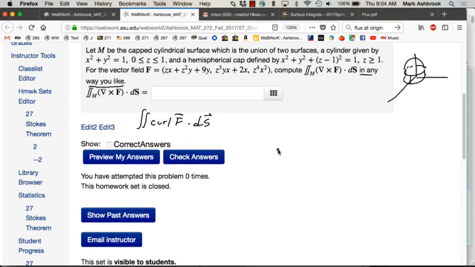That's our clue. So, is there another way besides finding the curl and doing the surface integral? That's the question.